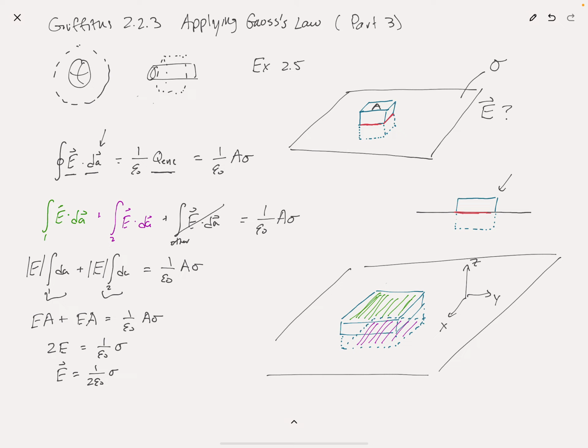I have to put my direction on at the end, but my direction was implied, and that's in the z-hat direction. Commonly, we'll refer to this as the n-hat direction, sigma over 2 epsilon naught n-hat, which is just the direction normal to that surface. But since I drew this coordinate system, that's okay to do. So that's how you use Gauss's law with Cartesian symmetry.